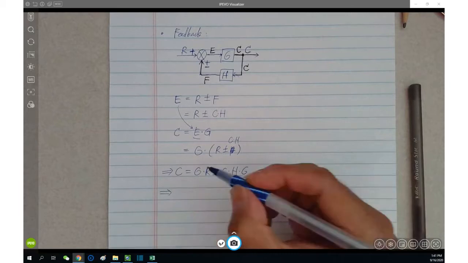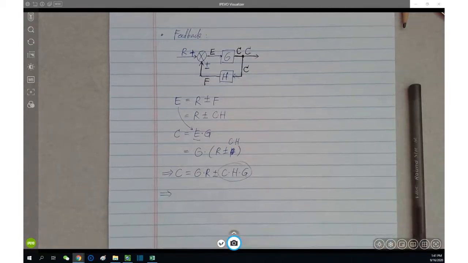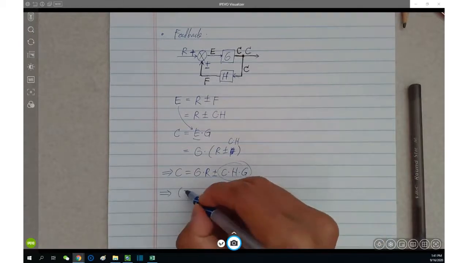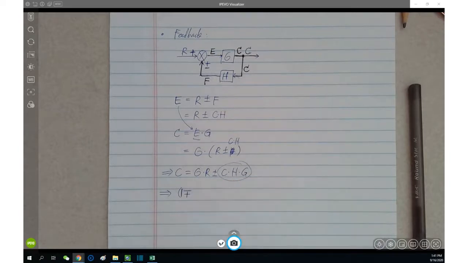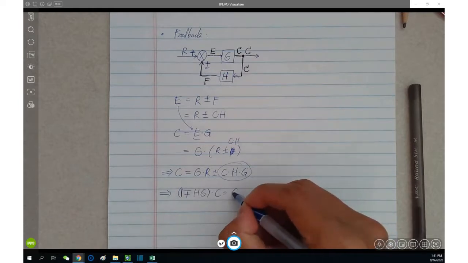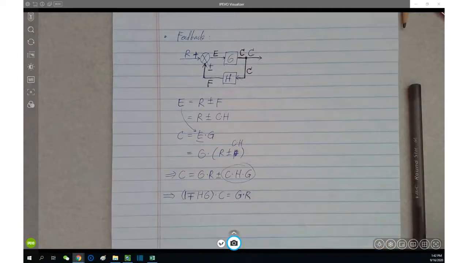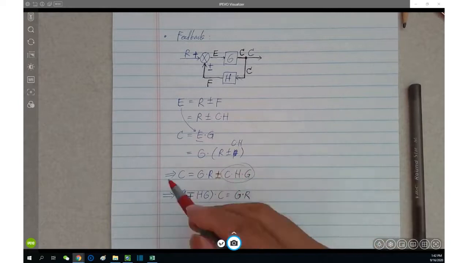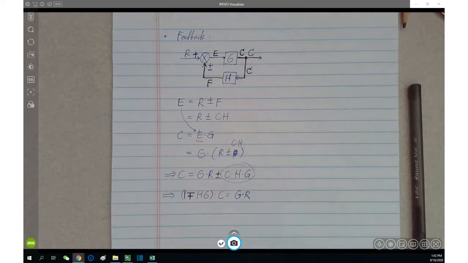Further, what you need to do is move this term to the left-hand side of the equation. End up with (1 minus plus HG) times C equals G times R. I don't know if this makes sense. Here it is plus minus, because you move this term to the left-hand side of the equal sign, that's why you end up with negative positive backwards, right?